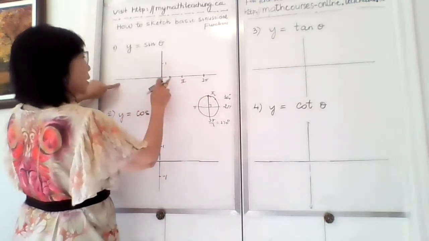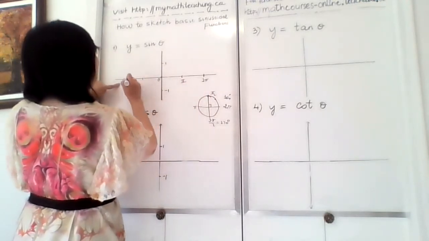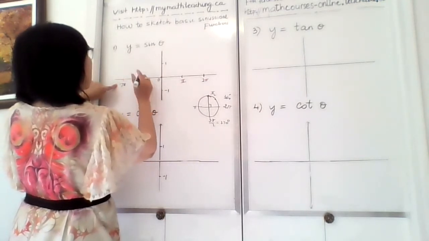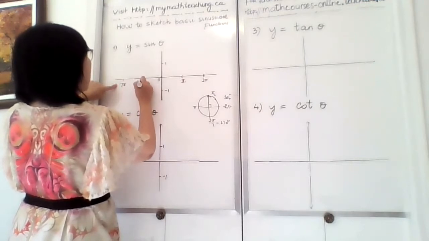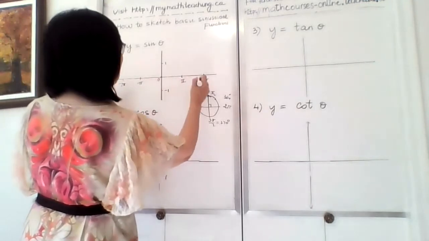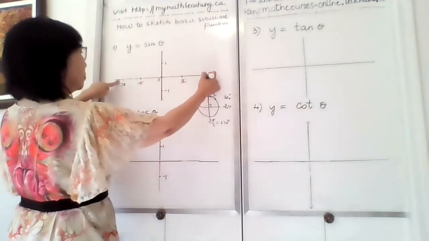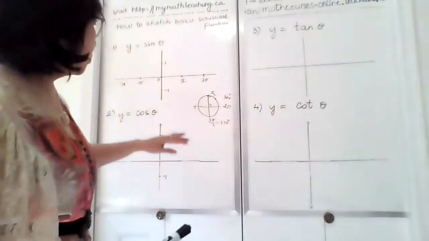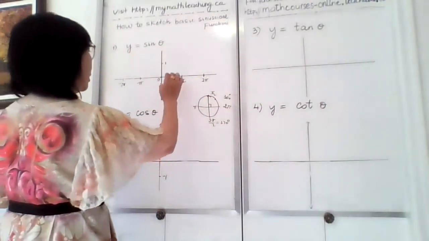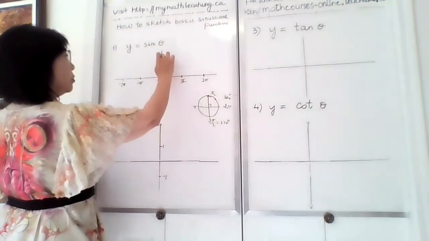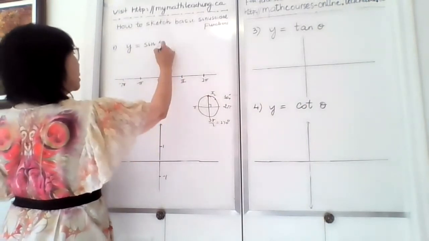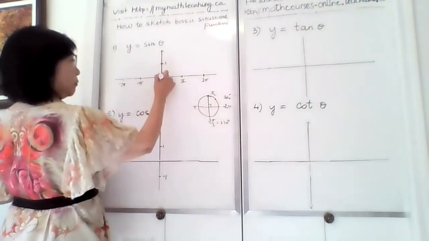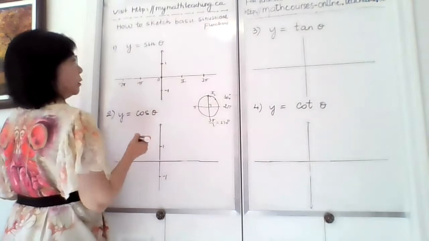The other side will be the same: this is minus 2 pi and this is minus pi. These are the basic points we want to sketch. Also, on the y-axis, you pick a distance from 0 up to here as 1 and from 0 down to here as minus 1.